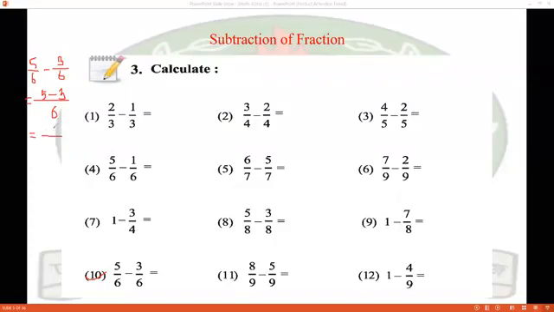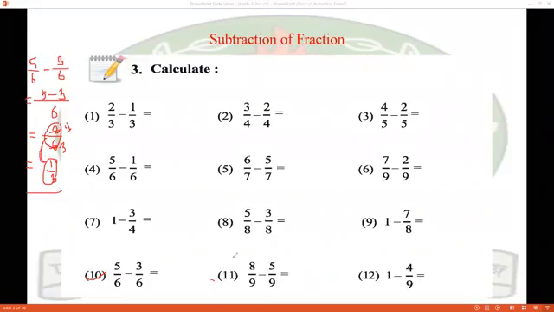So here we write 2 by 6. This is the result, but we can write it by dividing the numerator and denominator by 2. So divided by 2, it will be 1 and it will be 3. So the result will be 1 by 3. This is a result. This is also a result. So this is called equivalent fraction. So you can write any one of the two.